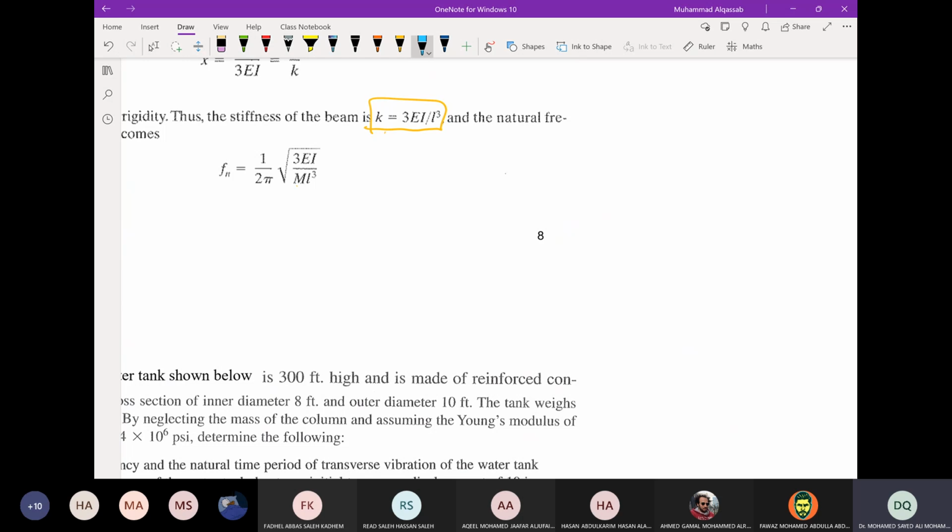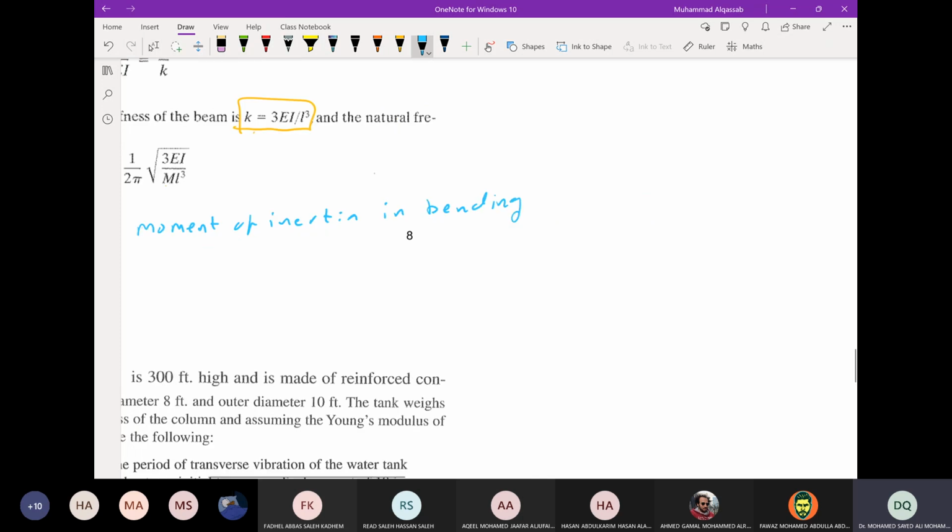I will put one comment here: I is the moment of inertia in bending. You know that I can be either polar or about an axis. Even polar is about a point if this is an area.